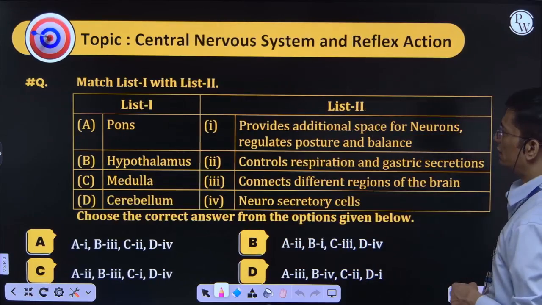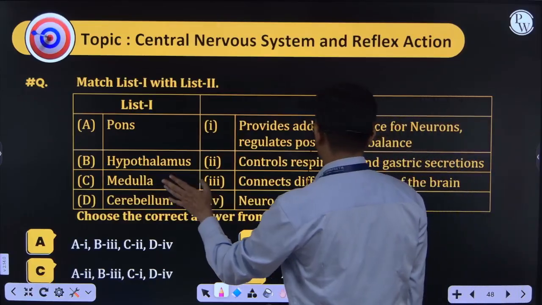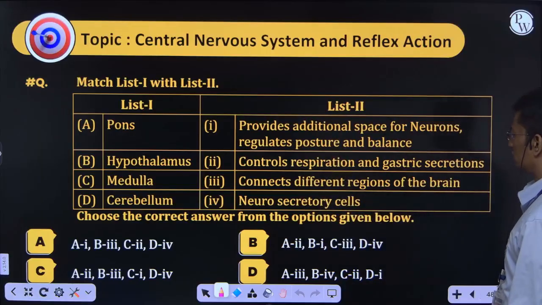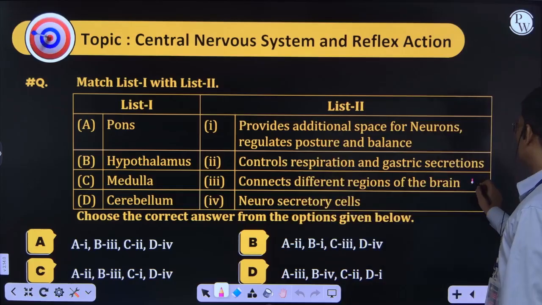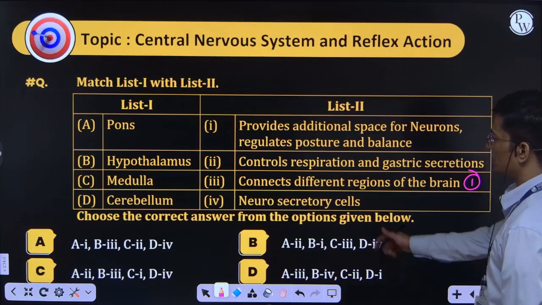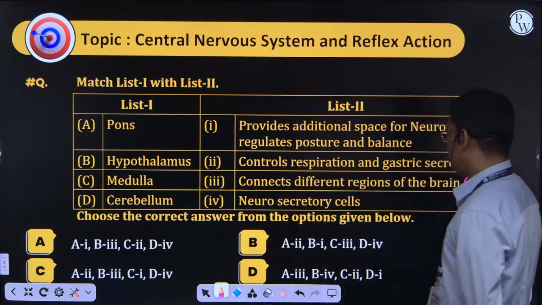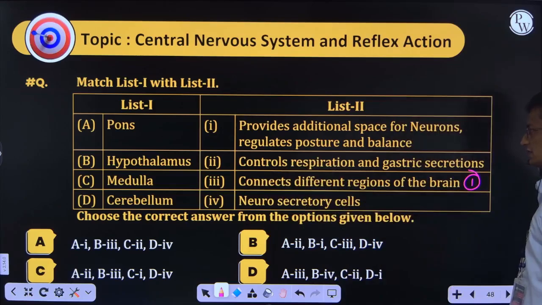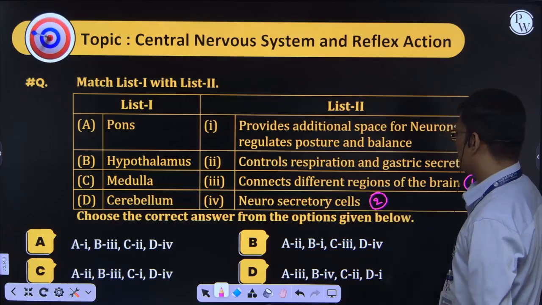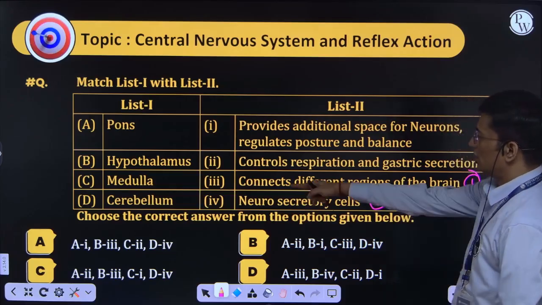Next one, match the following, list 1 and list 2. Pons connects different parts of the brain, and the pneumotaxic center is present in the pons. Hypothalamus contains neurosecretory cells, so hypothalamus can produce both inhibitory and releasing hormones.